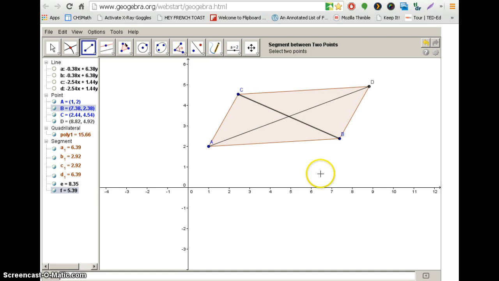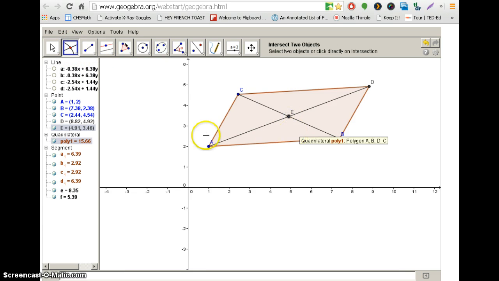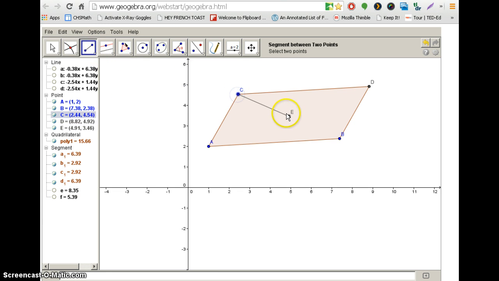Okay, so we have two diagonals here, and what it says is that somehow these bisect each other. Well, we're going to verify that real quick. We'll get the intersection point of the diagonals. I'm actually going to take these lines off now, and we'll just build segments out.